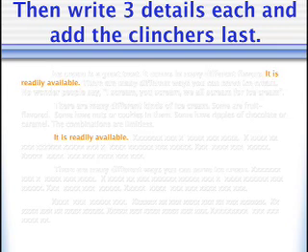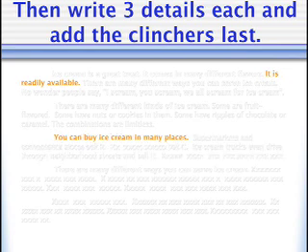Perhaps we can write about the ready availability of ice cream. It will be easier to write a paragraph that supports or explains how ice cream can be bought in many different places. As we did in the first detailed paragraph, we paraphrase the idea to make it the topic of the next paragraph.